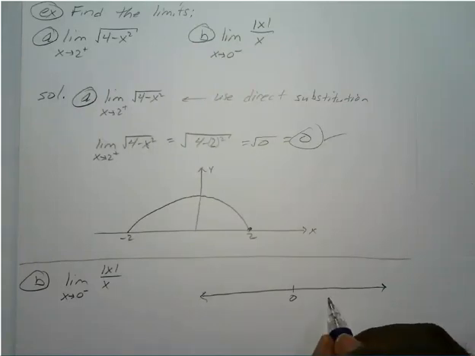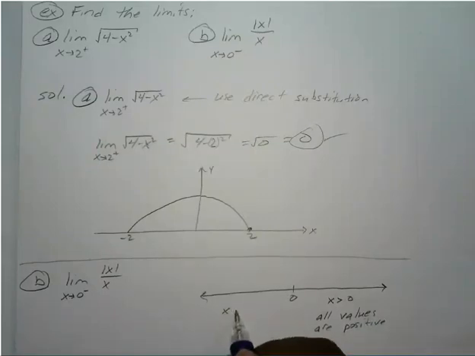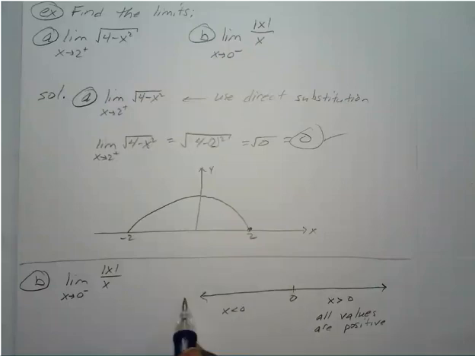Okay, so we know that when x is greater than 0, all values are positive. And when x is less than 0, which is everything to the left, all values are negative.